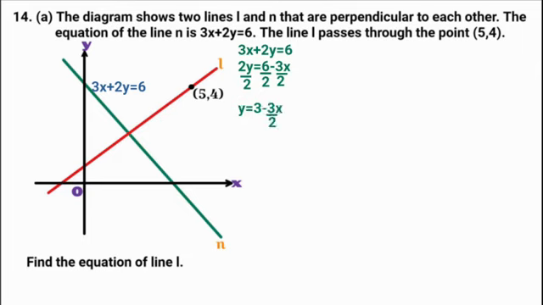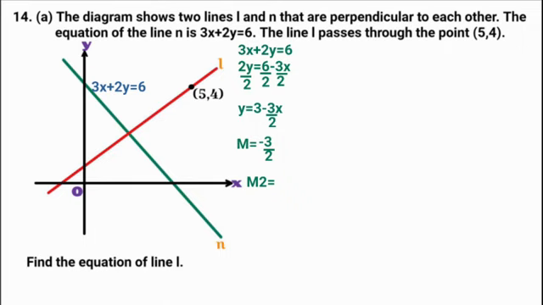At this stage we can now get the gradient. So the gradient for the first equation is negative 3 over 2. Now from this gradient, since we are told that line L is perpendicular to line N, we're going to find the gradient for line L, which we'll call gradient 2.